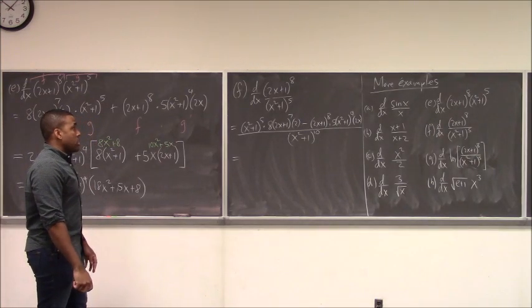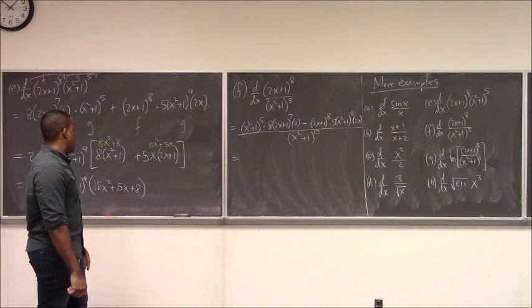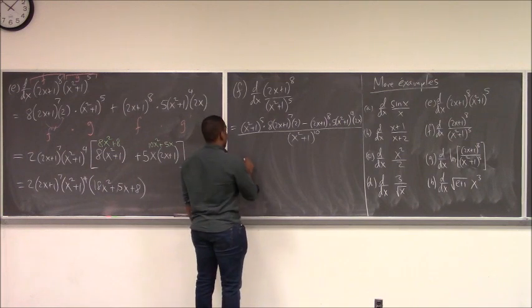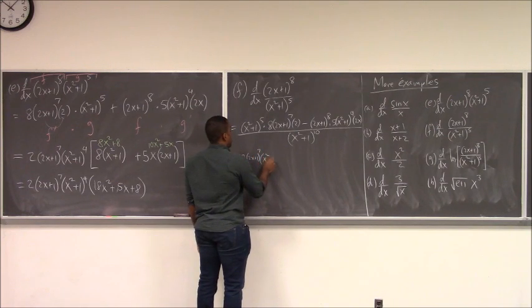And now, to simplify this, you do something similar, you start factoring. So again, 2 is a common term, 2x plus 1 is a common term, raised to the 7th. X squared plus 1 is a common term, raised to the 4th.